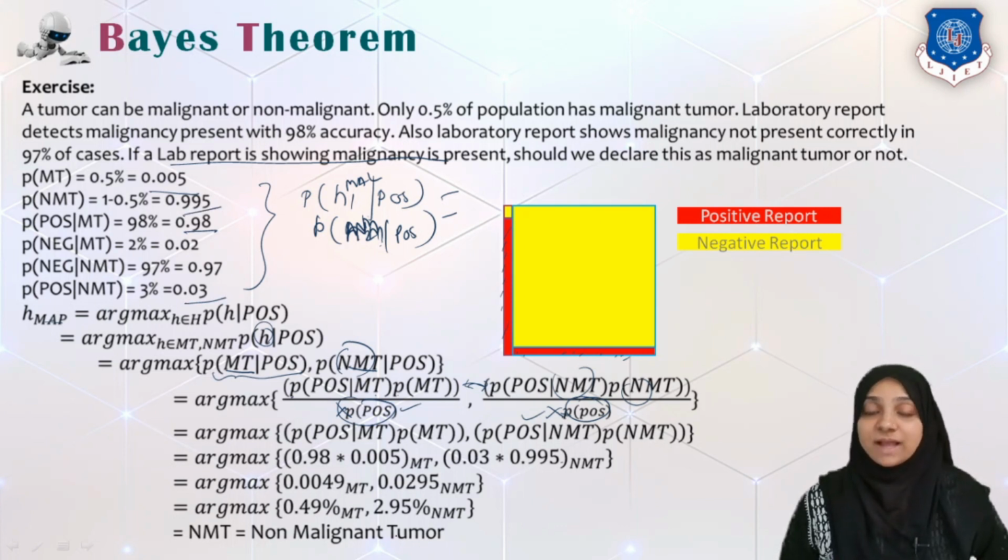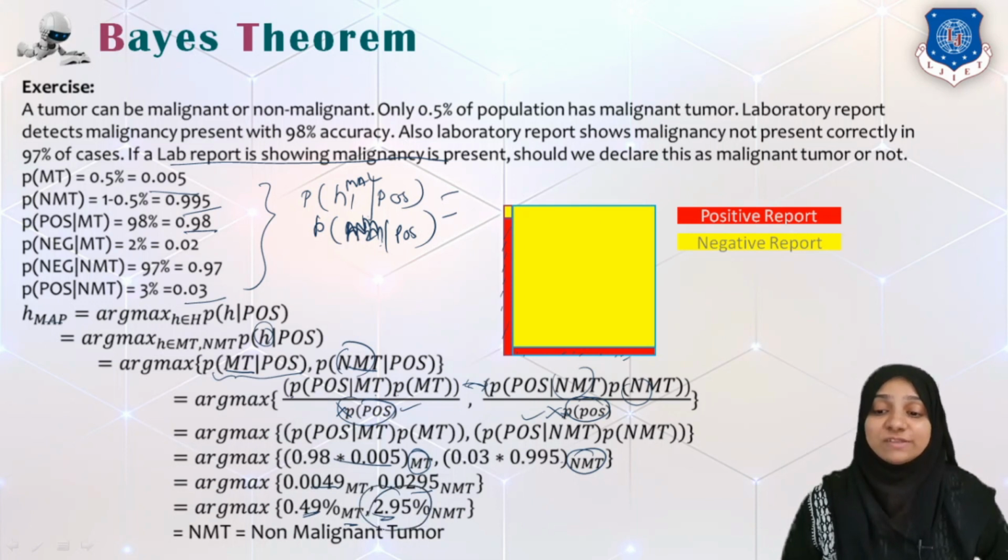So the left hand side calculation is for malignant tumor and the right hand side calculation is for non-malignant tumor. And these values are found out. That means the support for the malignant tumor hypothesis is 0.49% and for non-malignant tumor is 2.95%. So out of these, this value is the greatest.